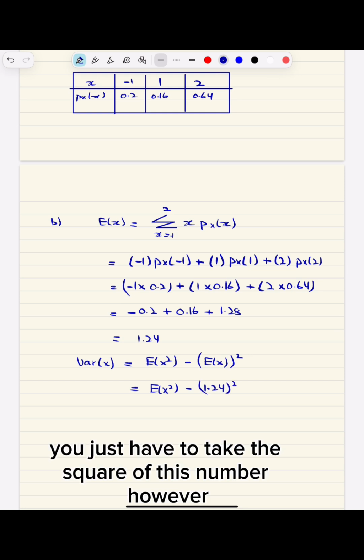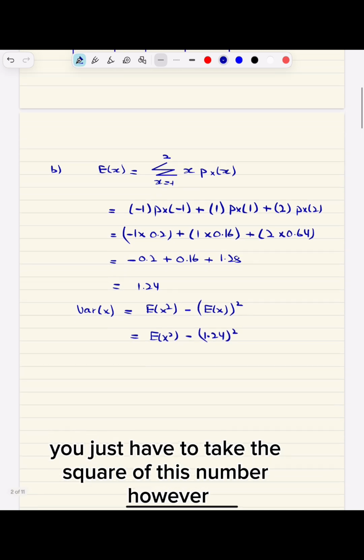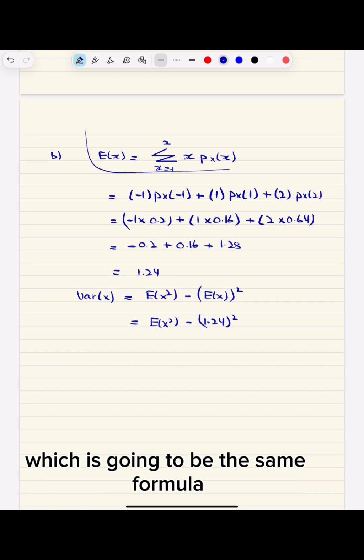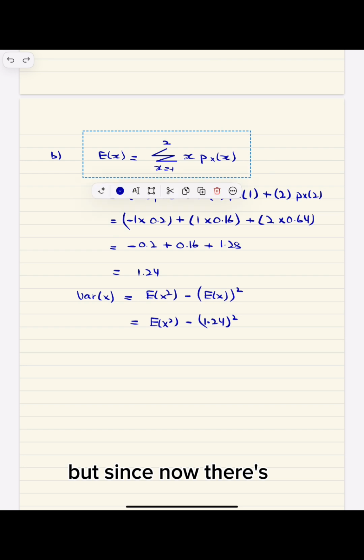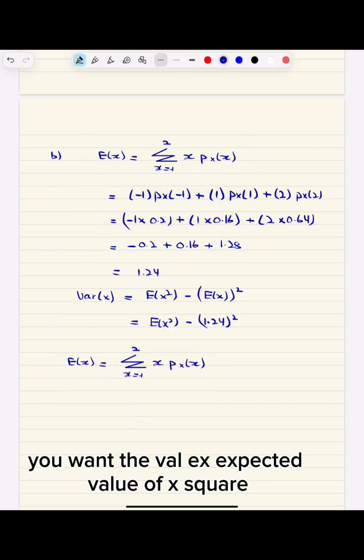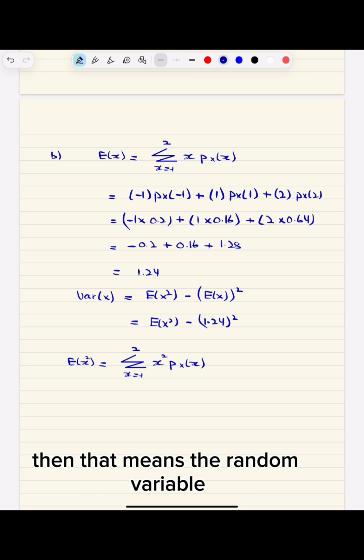We just have to take the square of this number. However, we do need to find the expected value of x squared, which uses the same formula, but since now we want the expected value of x squared, the random variable value has to be squared as well.